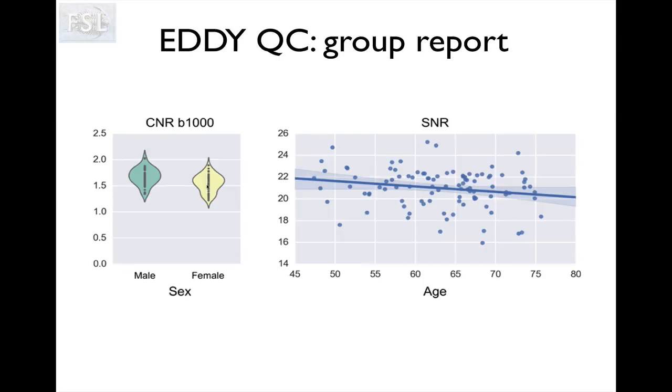For example, if you want to do a group comparison between males and females, you don't want any differences to be due just to poorer contrast to noise ratio in one group than in the other. The same goes if you want to look at some diffusion parameter as a function of age: you don't want that to be driven completely by the signal to noise ratio being different in the older subjects compared to the younger subjects.